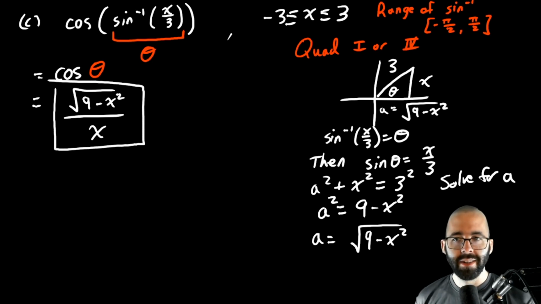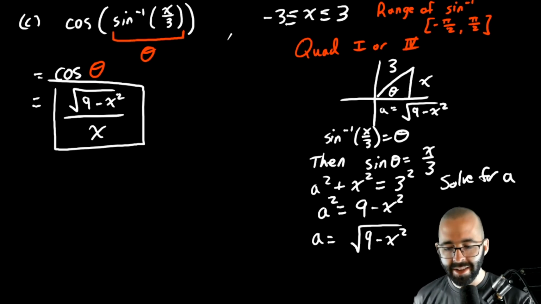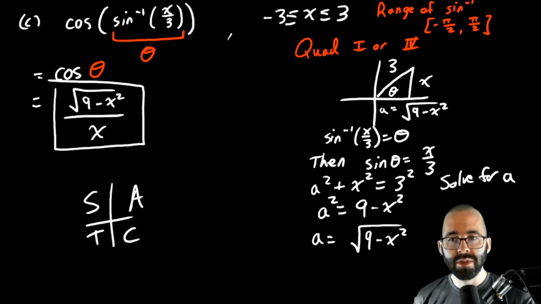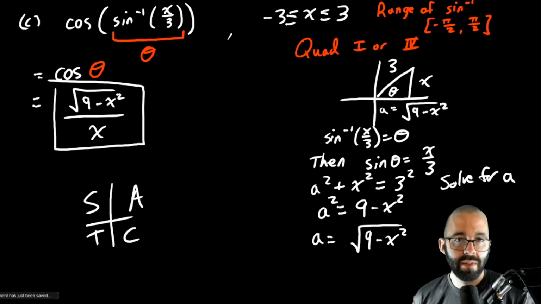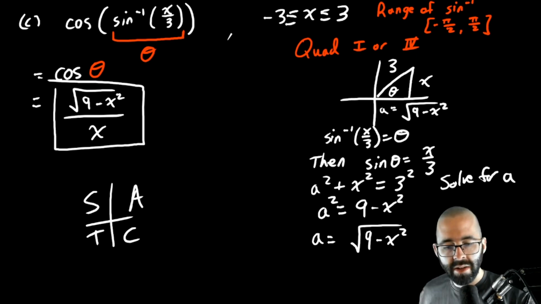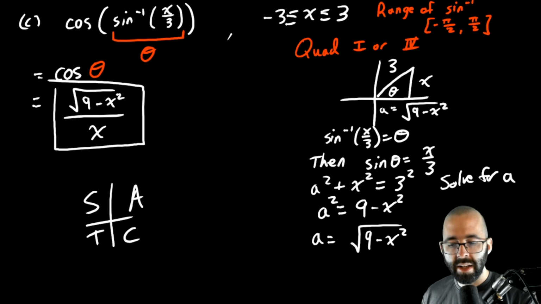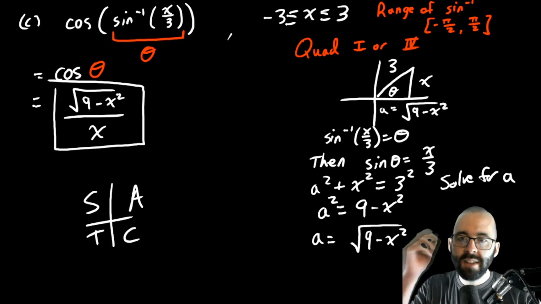So when I said it does not matter whether it's in quadrant 1 or quadrant 4, here's why. Because we're looking at cosine, I don't care whether we're in quadrant 1 or quadrant 4. It's going to be positive anyway. So that's why it didn't matter which one it actually was. And that's how you do these sorts of problems.